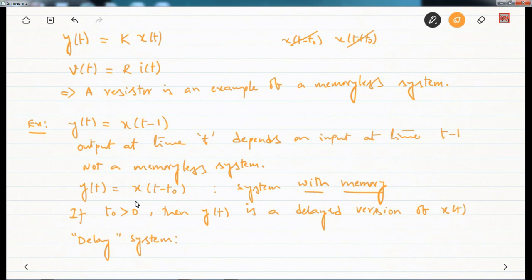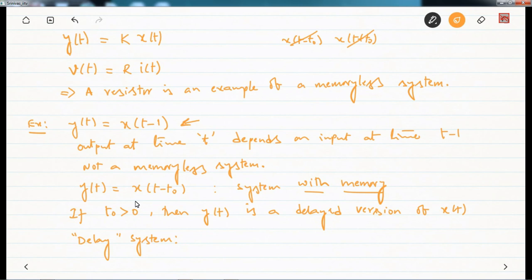So here, why do we call it memory? Now you can understand it's not at all confusing, right? For the system to produce output at time t, it should remember the input given at some time back. Say, for example, for this system to produce output y of t at time t, it should remember what the input was at time t minus 1.